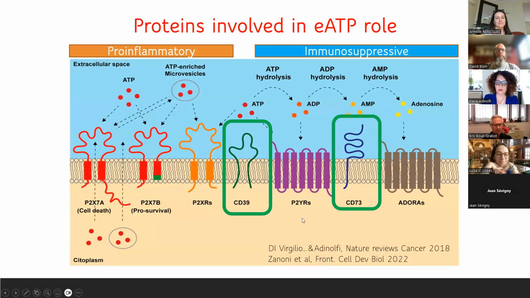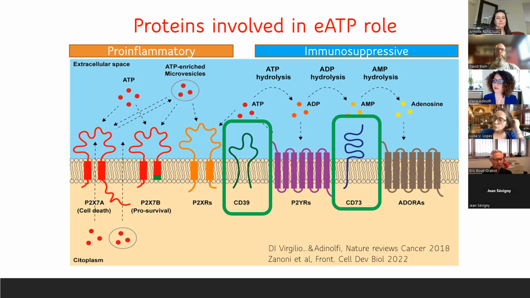But I can tell you that in the tumor microenvironment, both CD39 and CD73 are actually studied as main immunosuppressive factors, thus favoring the escape of the tumor cell from the immune system.